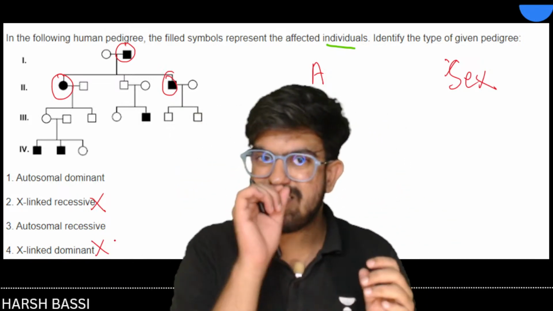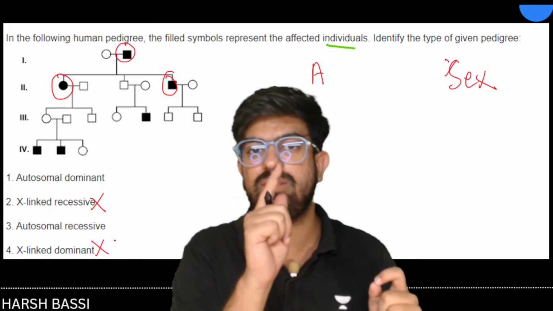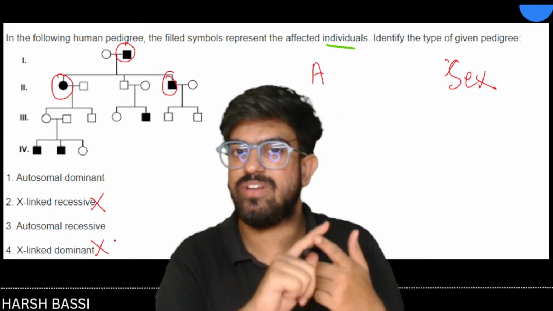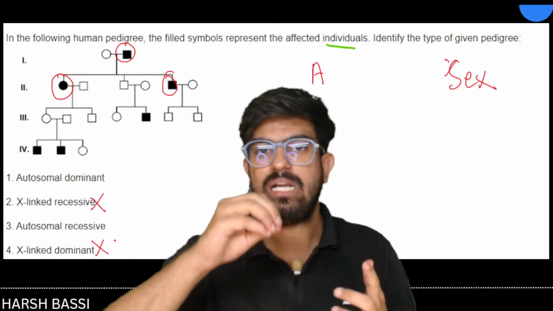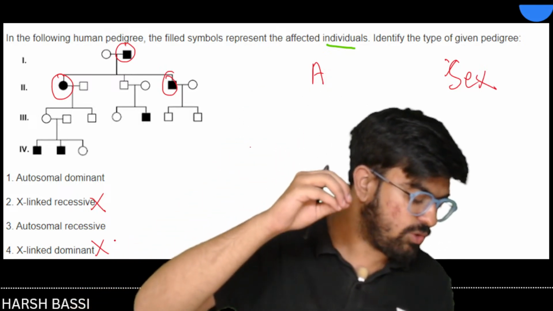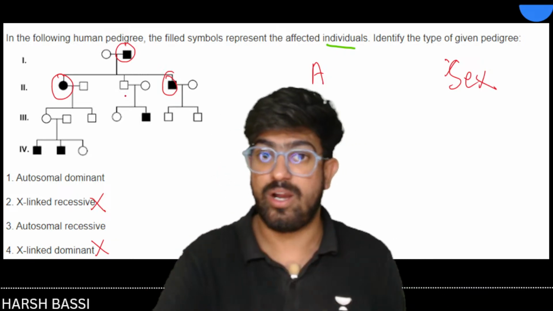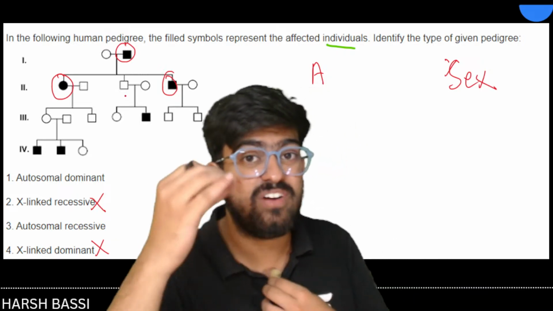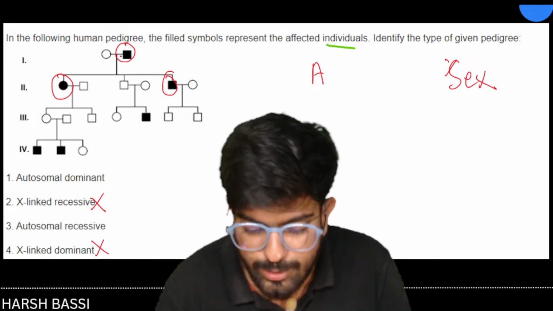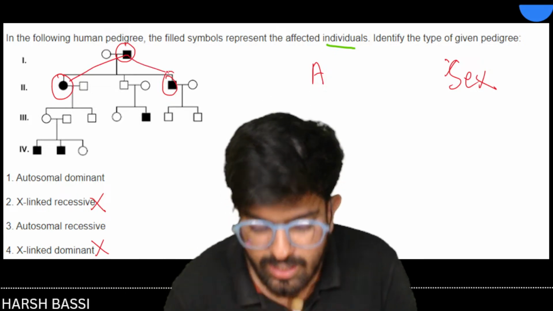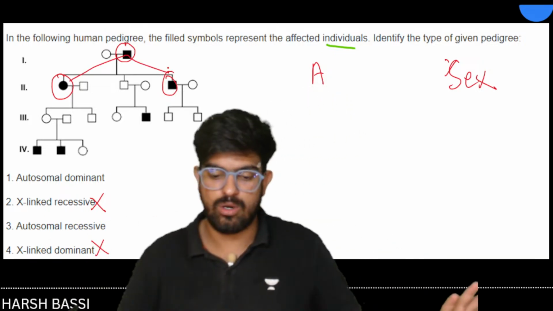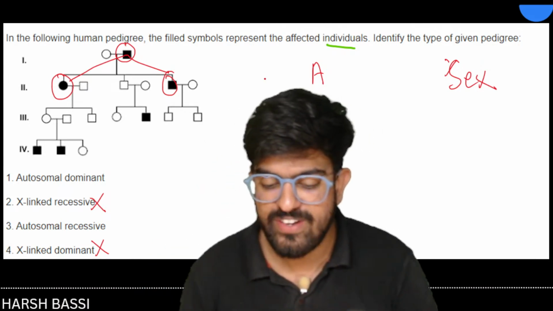Why? Because for sex linked, if it is X linked, it will go from mother to son, or it will go from father to daughter. Here father to daughter is going, but father to son is also going. Sex linked not there. For autosome, what do we have to see?